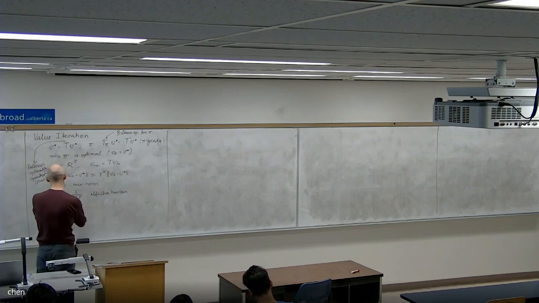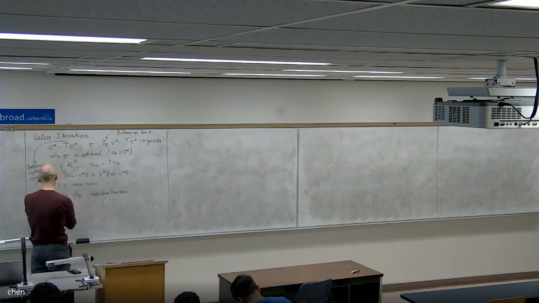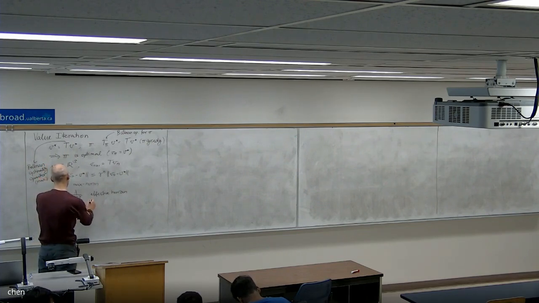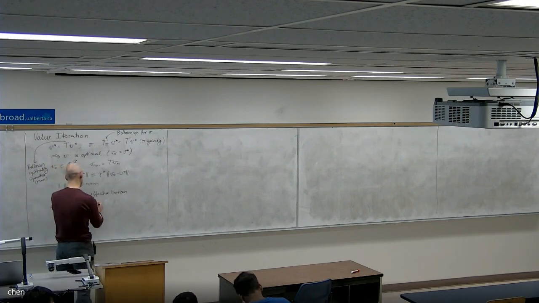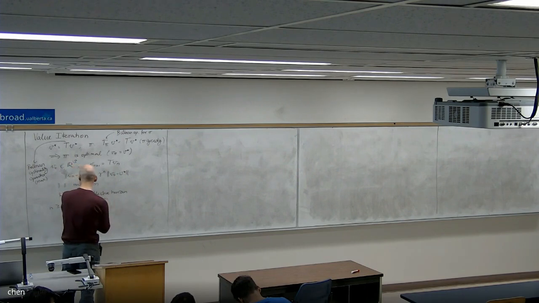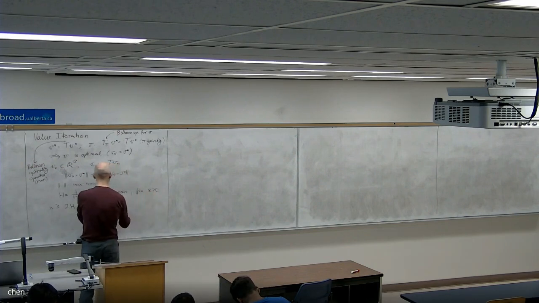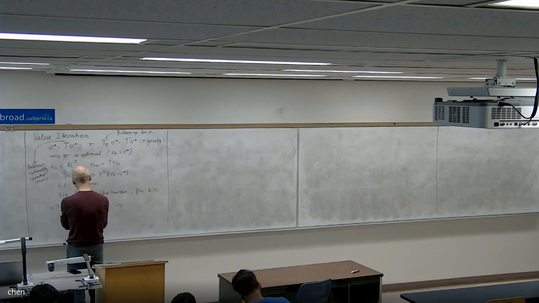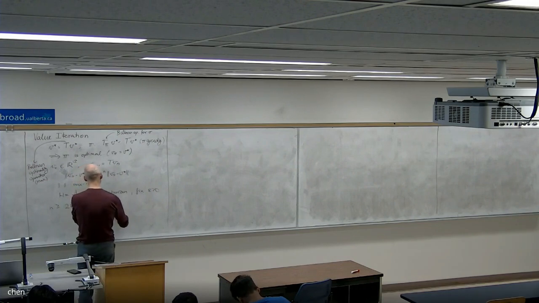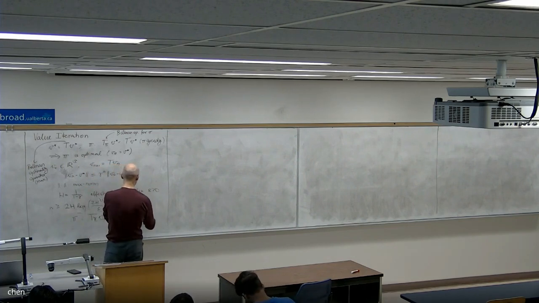then if n is greater than or equal to 2h times log of h cubed, I think, or h squared, question mark, you look it up, divided by epsilon for some fixed epsilon, then if you take pi to be a policy which is greedy with respect to Vn, then pi is epsilon optimal.